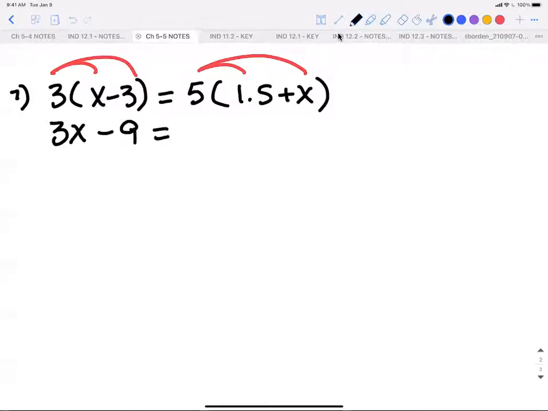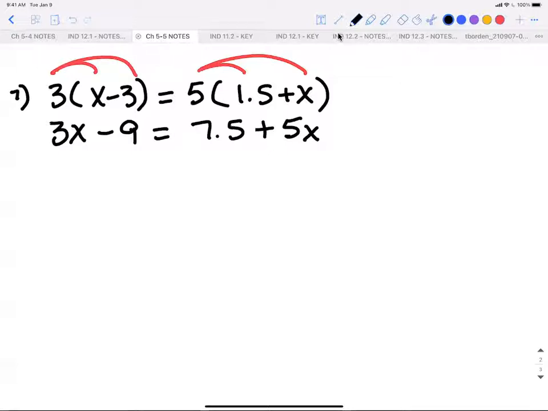Okay, that's distributing on the left. Now I want to do the same thing on the right, and I want to distribute that 5. So 5 times 1.5, again, right? Don't make life harder. Punch it in your calculator. It's 7.5. And 5 times x is plus 5x. So we've distributed.